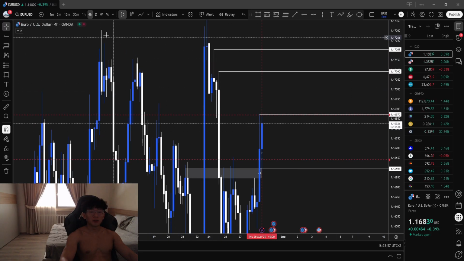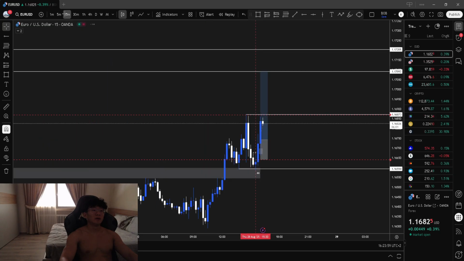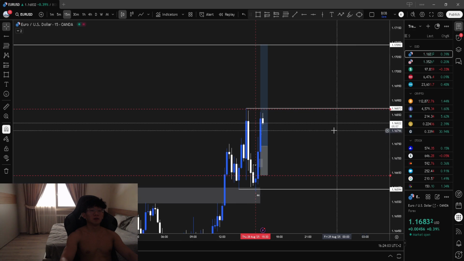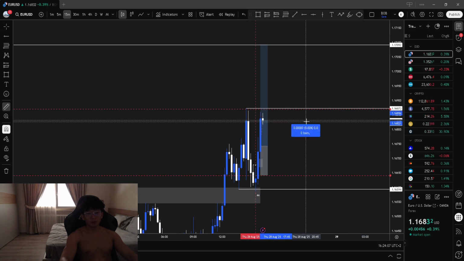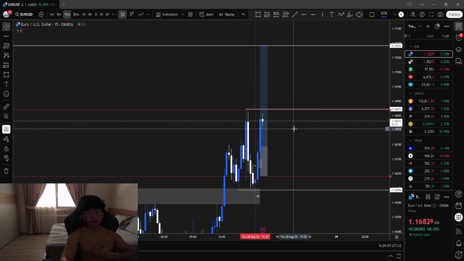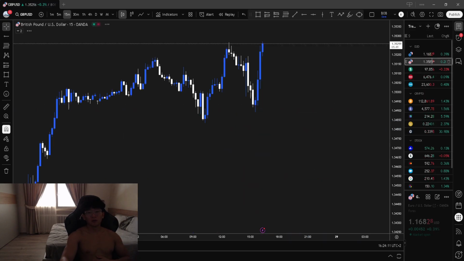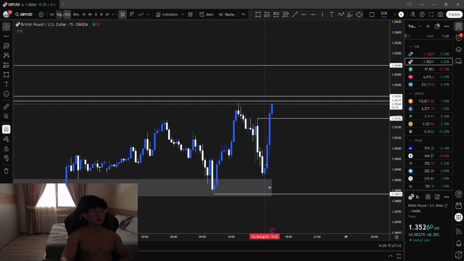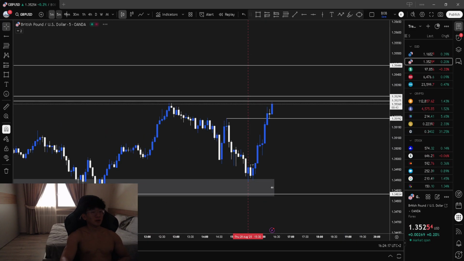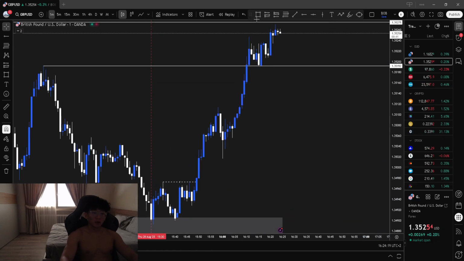And for this reason, I'm not closing it, even if my emotions are telling me to. I'm seeing the price dropping down 3 pips, and my heart is racing. I'm a little bit pissed because I did not enter in GBP USD.